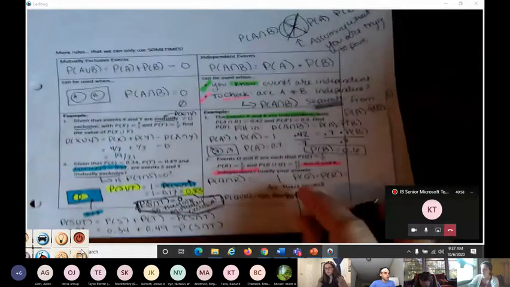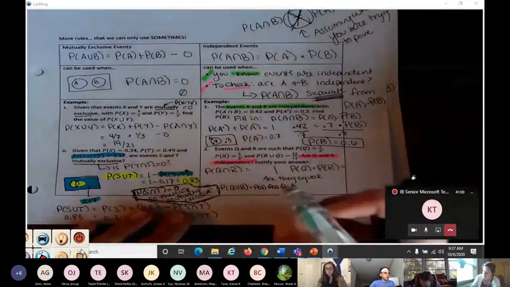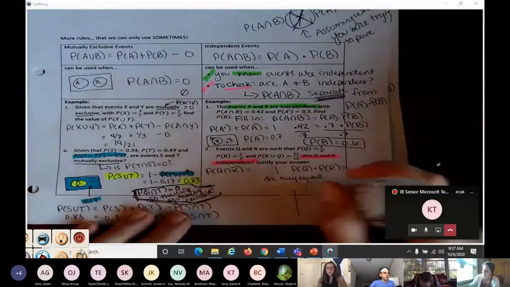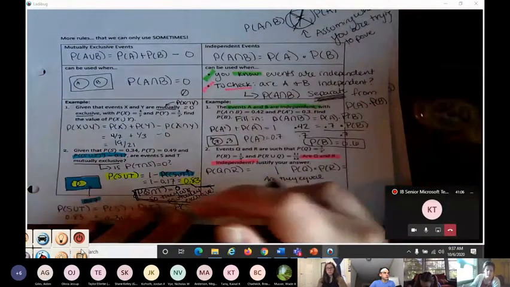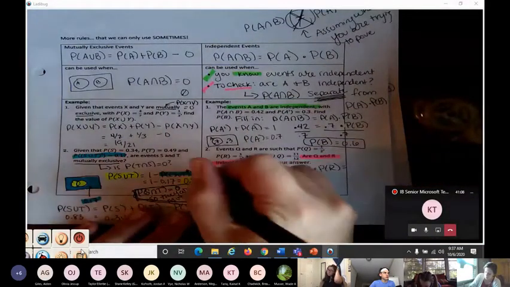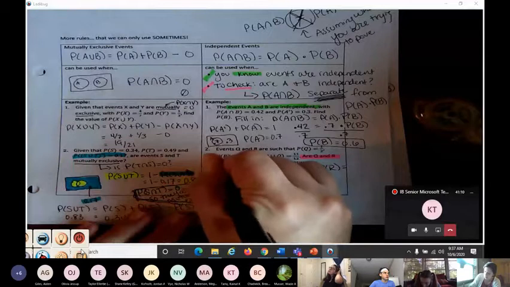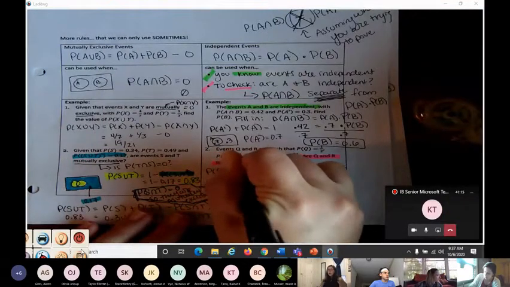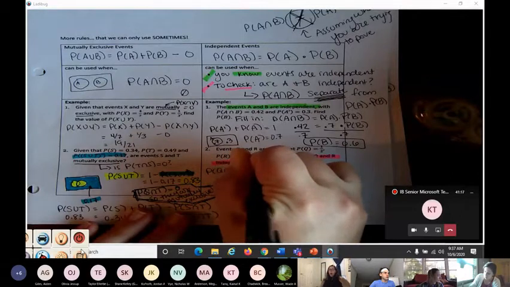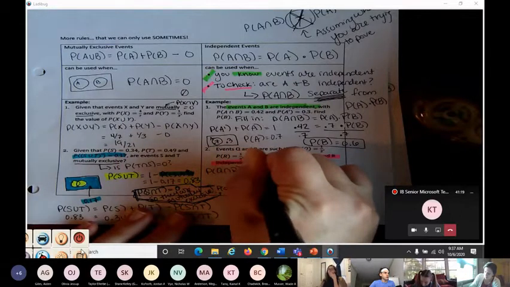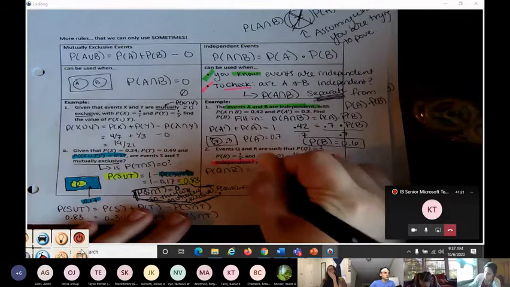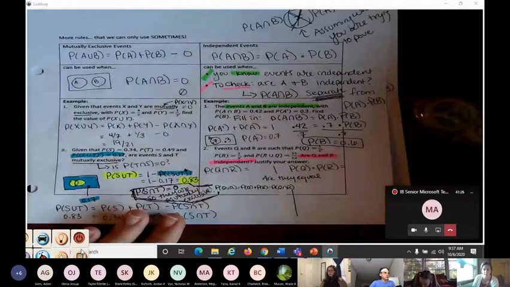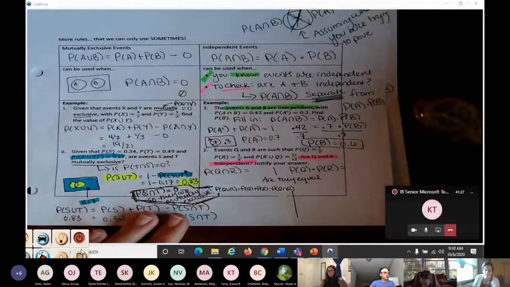I'm running out of room. I'm just going to rewrite it because you guys probably need a minute to copy stuff down, and I would like this to be a little bit more neat than it is. We have P of Q union R equals P of Q plus P of R minus the intersection of Q and R. Okay, it's a little better.